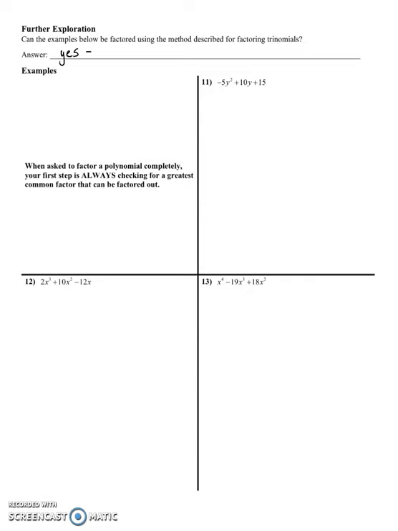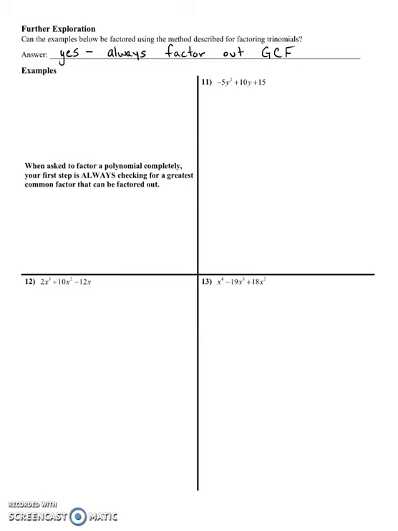And what we should always remember is anytime we're factoring, always factor out the GCF first. And that will make any other factoring that has to happen much easier.